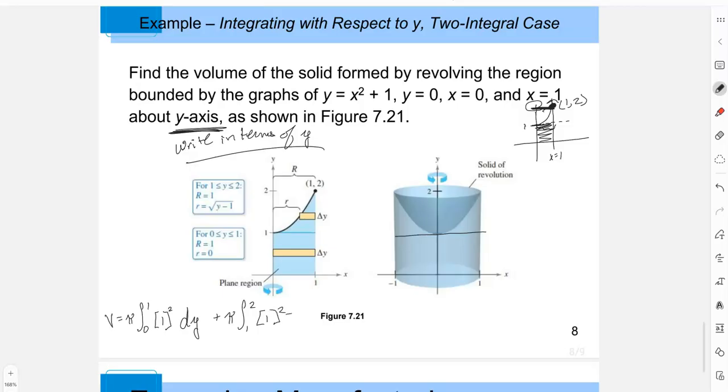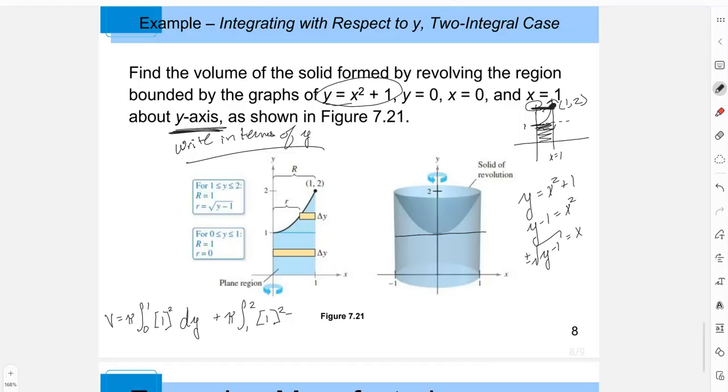The inner radius is going to depend on that equation, y equals x squared plus 1, but we have to solve it and write it in terms of y. So let's solve this for x, so it's in terms of y. I'm going to subtract the 1. I'm going to take the square root. And anytime we take the square root, we have a plus and minus. Then we have to ask ourselves, is it the plus or is it the minus?